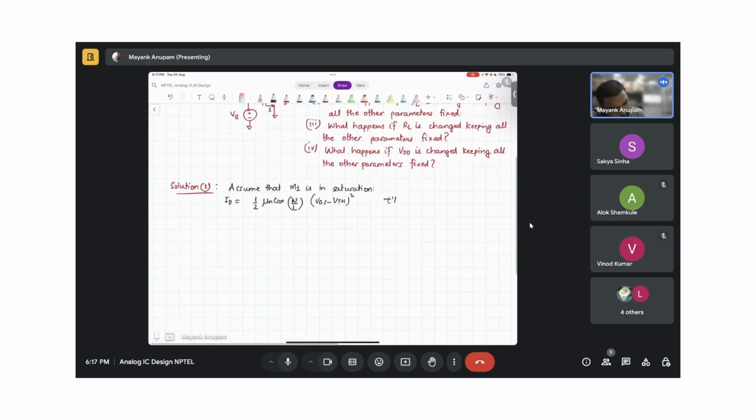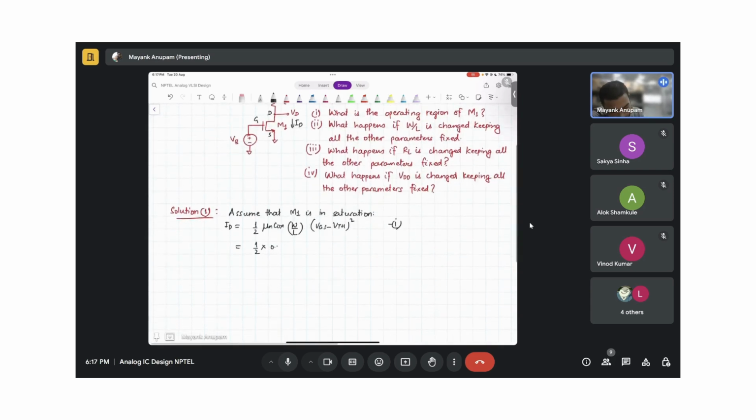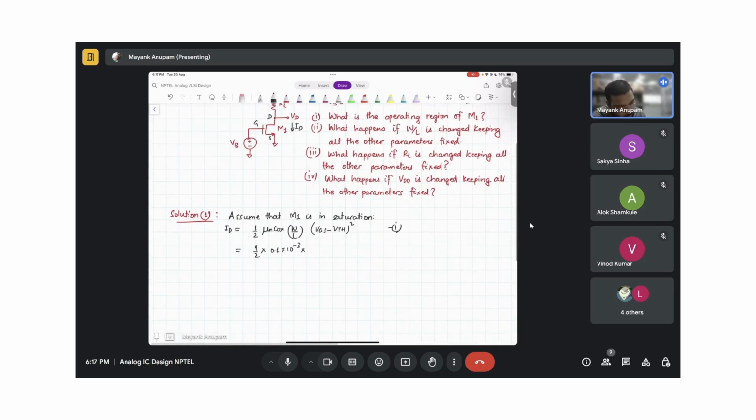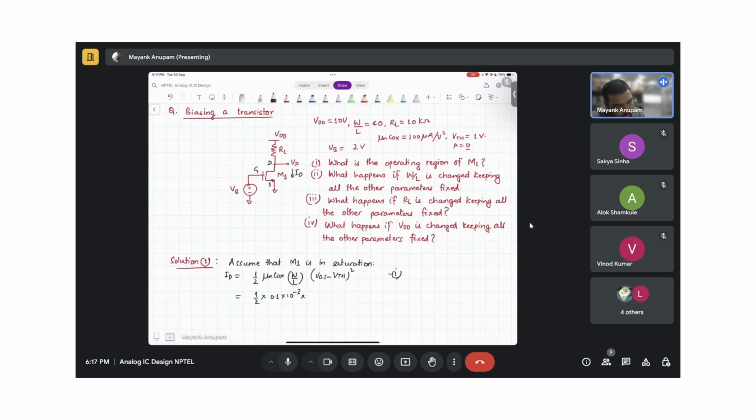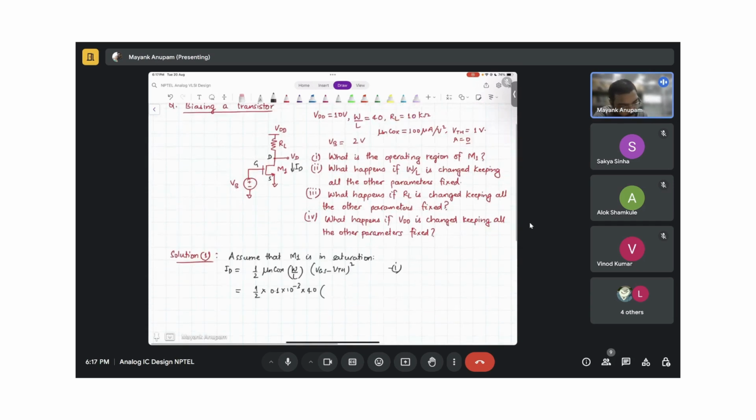After this, we know every term. Half times mu n Cox, which is 100 microampere per volt square, so that is 0.1 milliamp per volt square, into W by L, which is 40. What is VGS minus VTH? VB is 2 volts, so VGS is 2 volts. 2 minus VTH, which is 1, gives 1. 1 squared is 1.